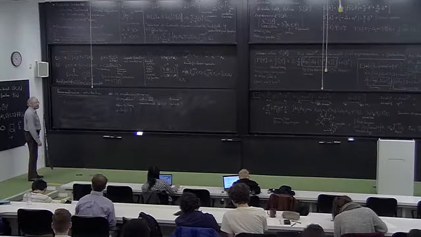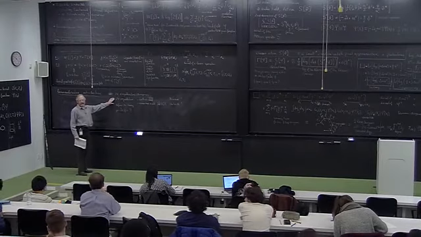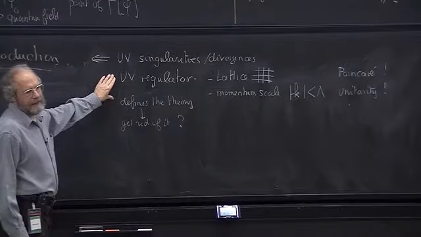property of a quantum theory is that when you define a theory with an ultraviolet regulator, you are not defining the theory in terms of the physical observables of the theory.